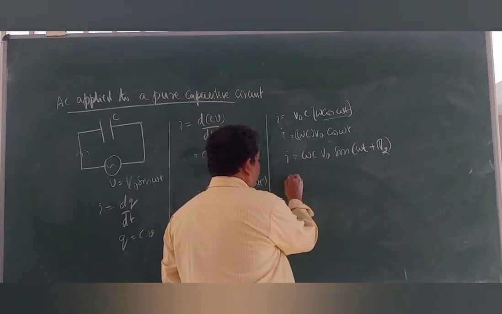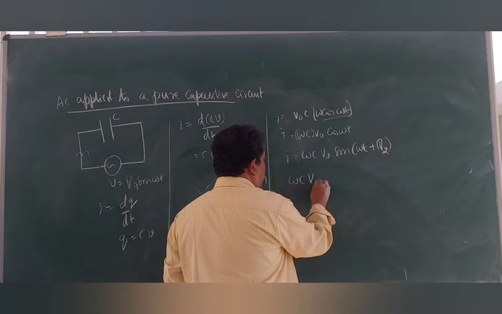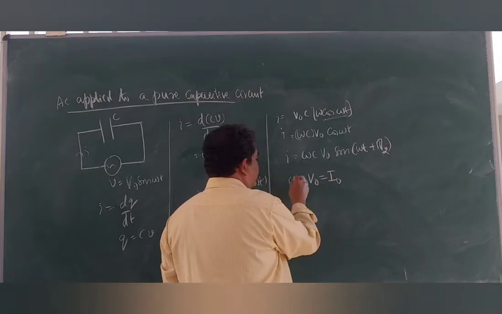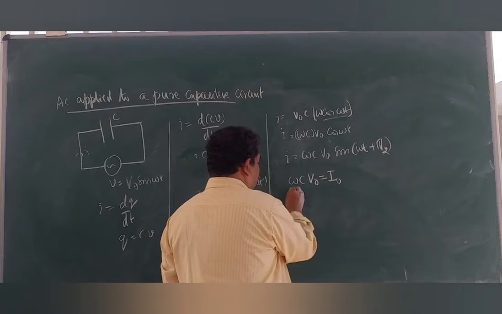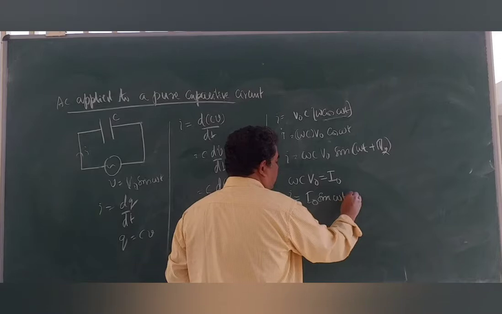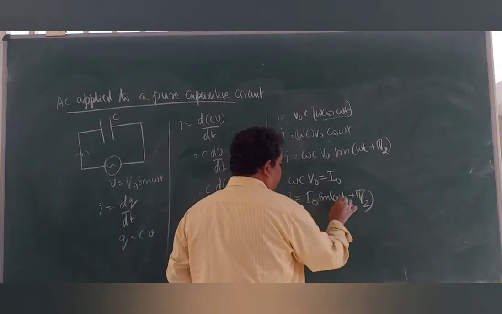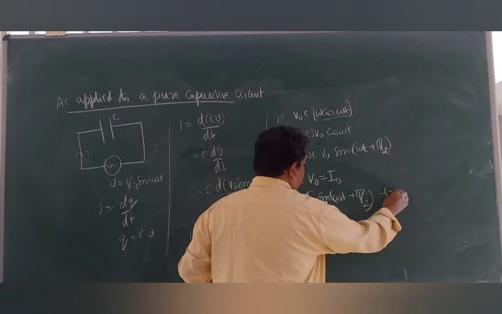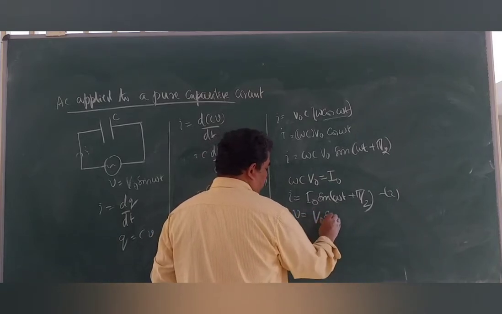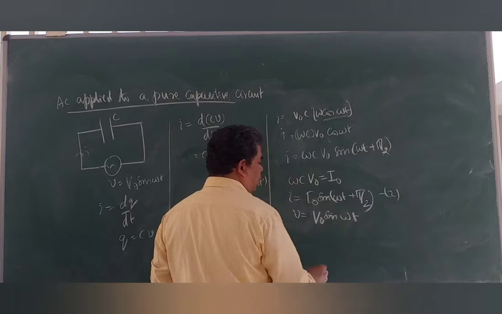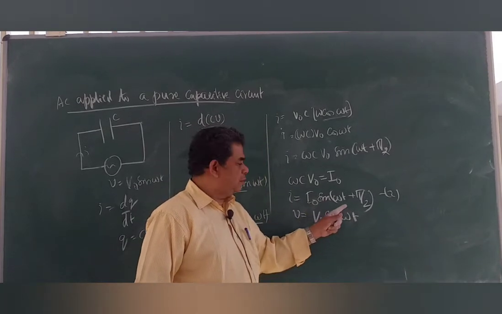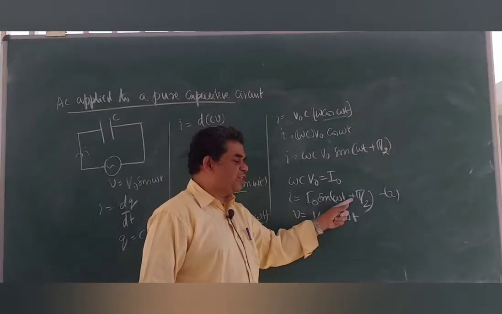Now observe, omega C V naught we call I naught. We can write I equals I naught sin of omega t plus pi by 2. This is our equation 2. Equation 1, for the sake of clarity, we can write V equals V naught sin omega t. Observe now, I and V have a phase difference.